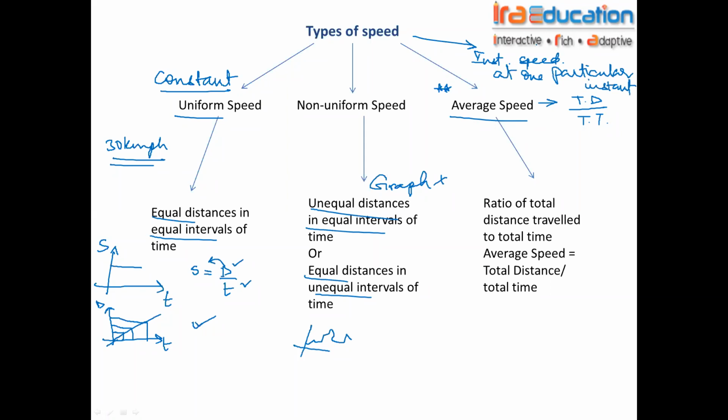Suppose I say find the average speed for 10 seconds, it means from the 0th second to 10 seconds, all of the speeds averaged. But if I say find the instantaneous speed, or the speed at the 10th second, it means during the 10th second, what was the speed of the body? That's what is being asked.